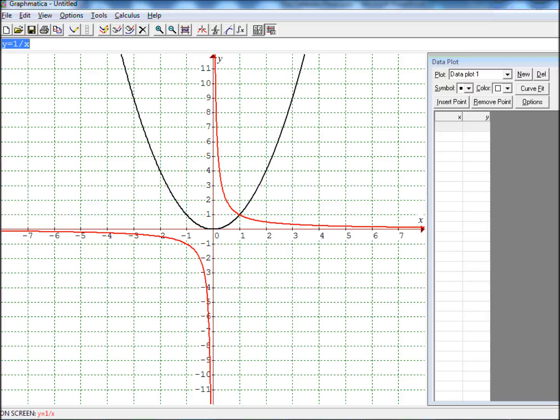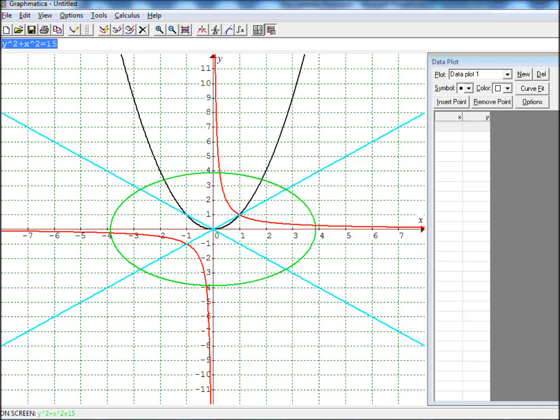Here's a different shape again. So I can make a variety of shapes depending upon what I type in.